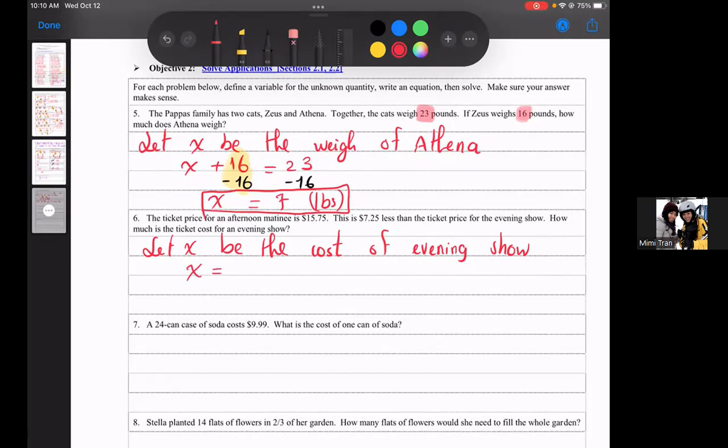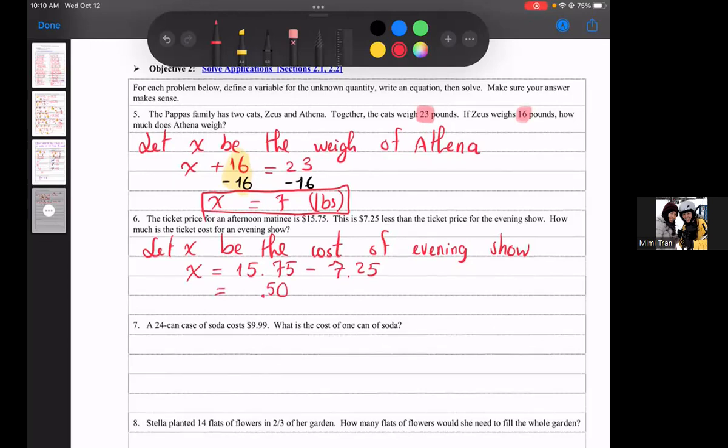X equals what? 15.75 minus 7.25, right? Makes sense, right? Less than, $7.25 less than the afternoon show's cost. 15 minus 7 is 8. So evening is $8.50.